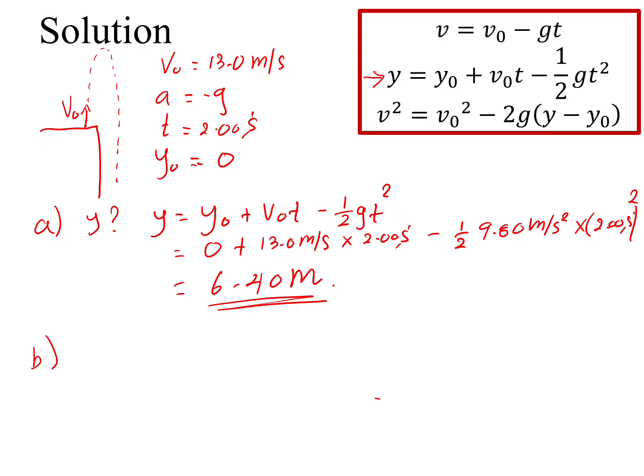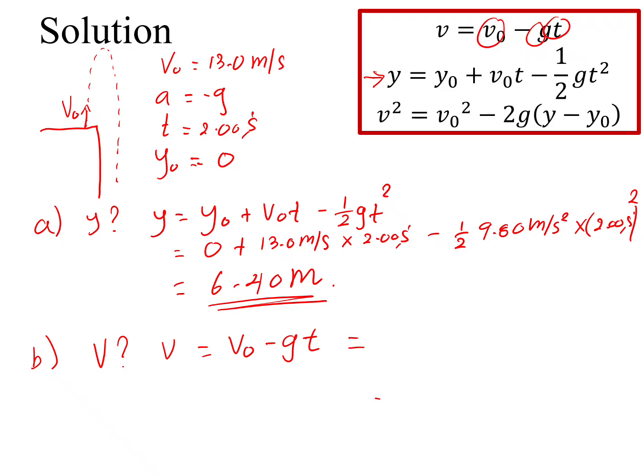And for part B, we have to find the final velocity. And for that, we can use this first equation because we know the initial velocity, we know the acceleration, we know the time. So we can use the first equation. v equals v naught minus g t. So let's substitute the values.